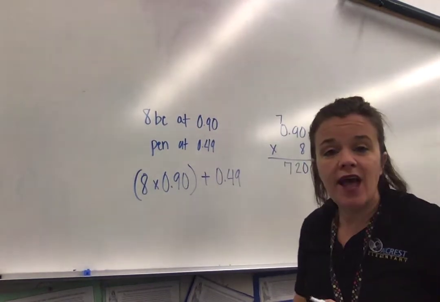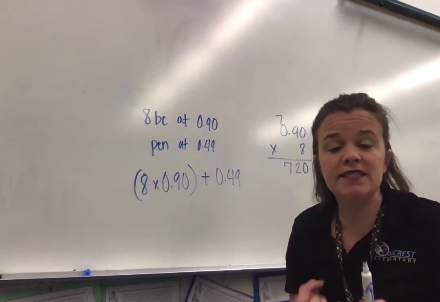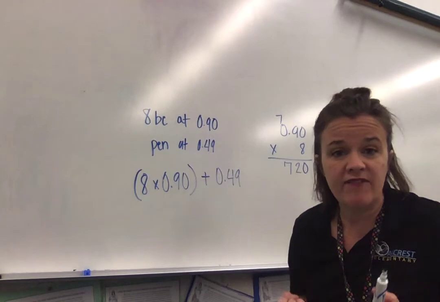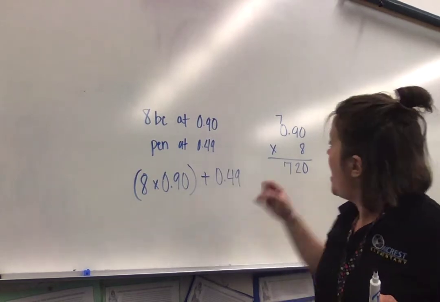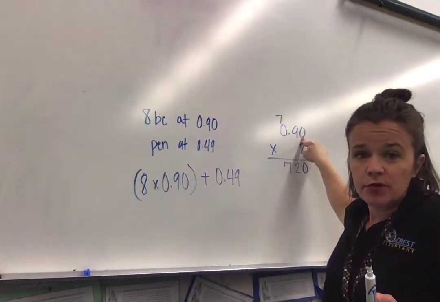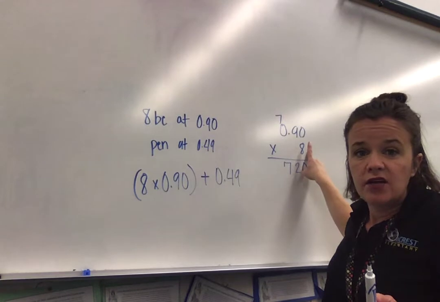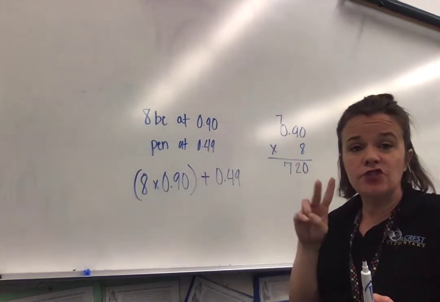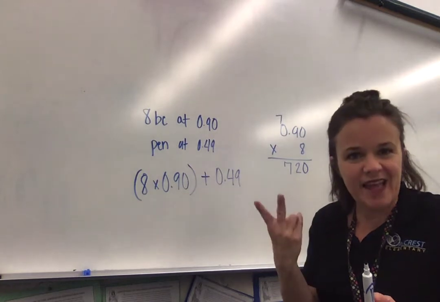And all right, now my last step, step 4, is that I count how many digits are behind a decimal in my factors, or the 2 numbers that are being multiplied. So I have 2 digits behind a decimal here, and no digits behind a decimal here. So that means my product has to have 2 numbers behind the decimal.